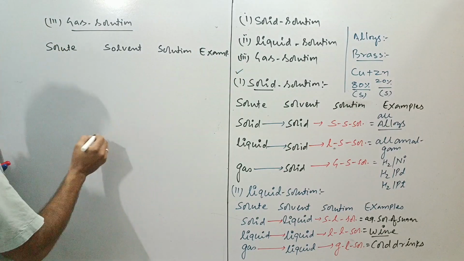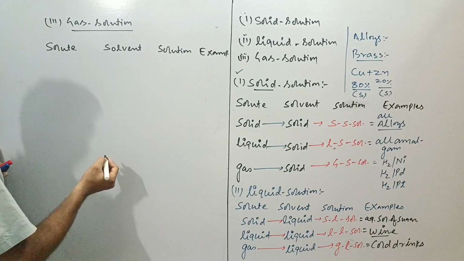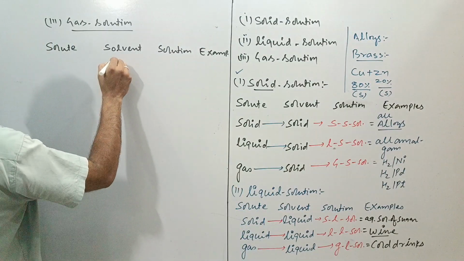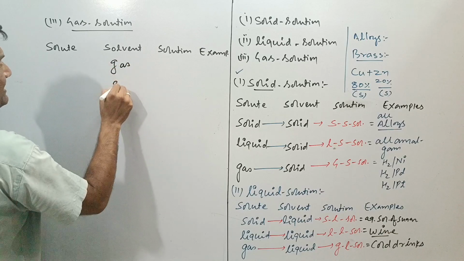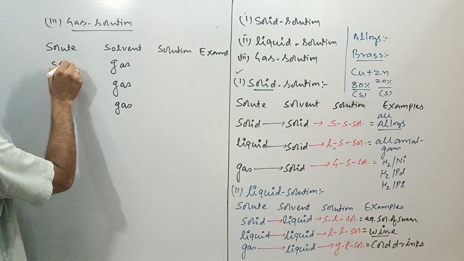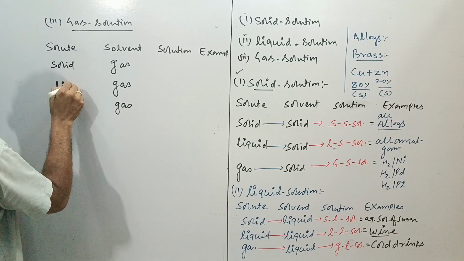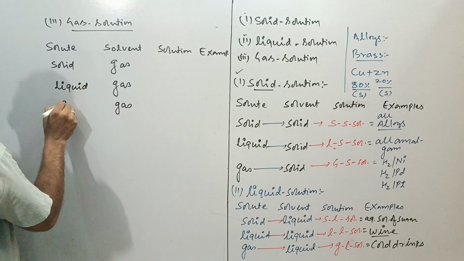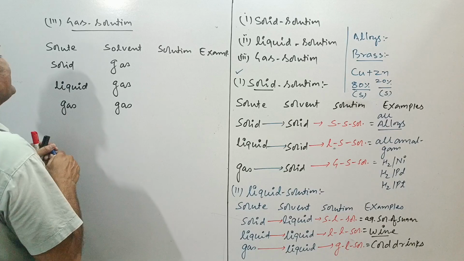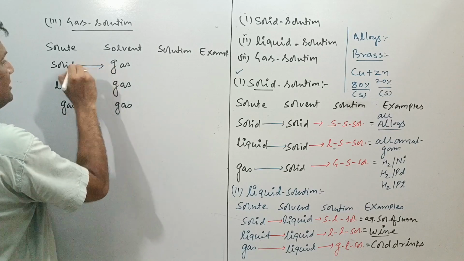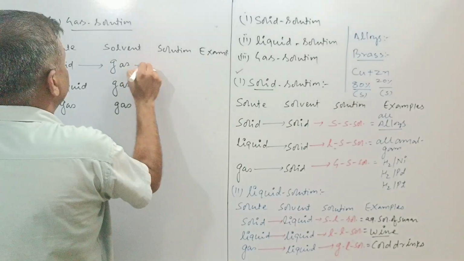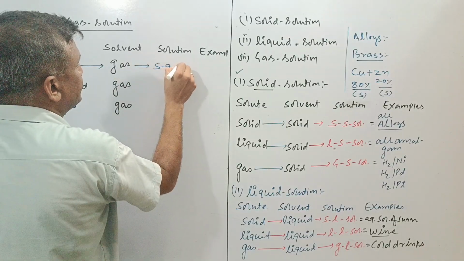As we have discussed, the solvent should be in the same state, so the solvent here will be gas, gas, gas. As a solute there may be solid, liquid and gas. For the first type, this is solid dissolved in gas. So this will be the solid gas solution.